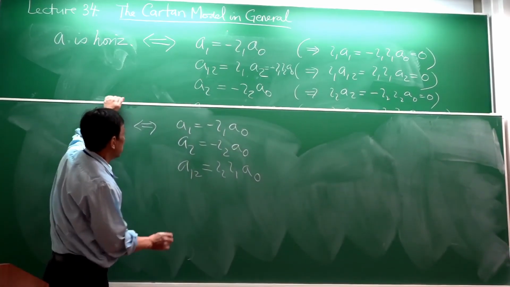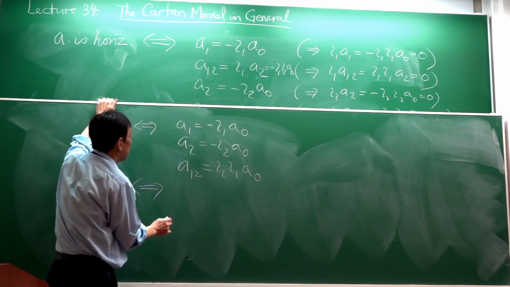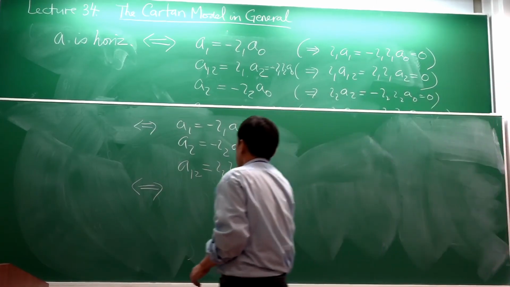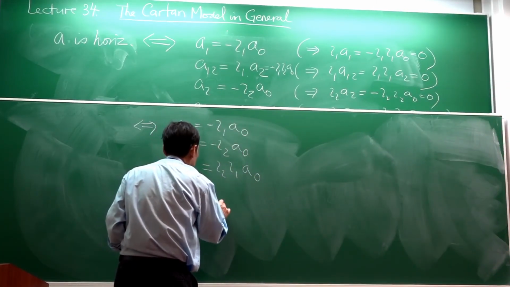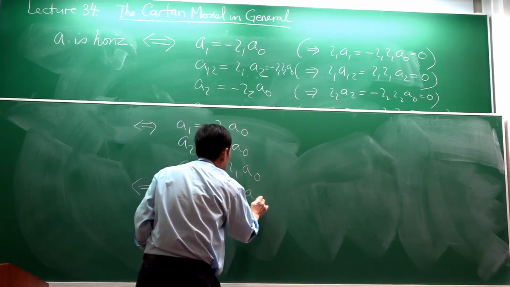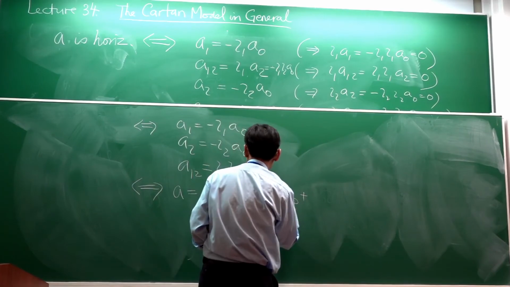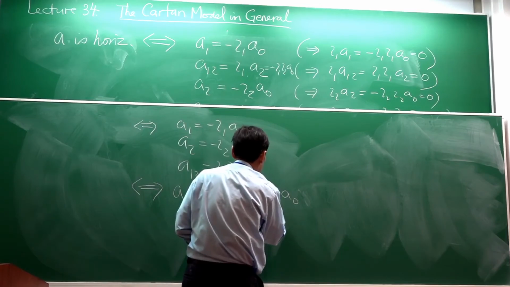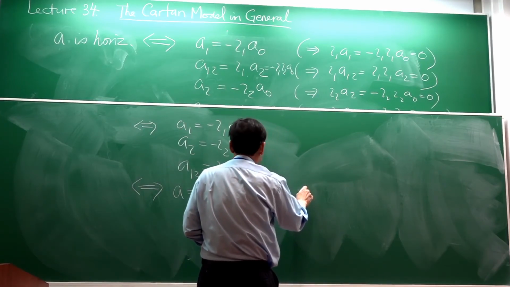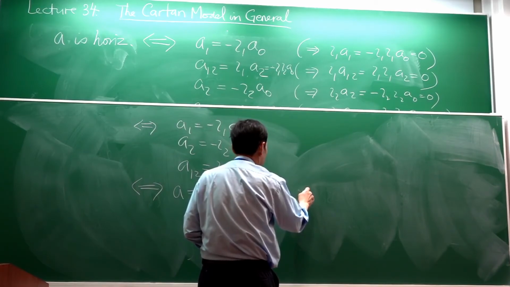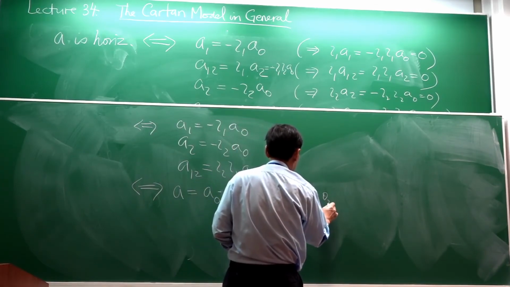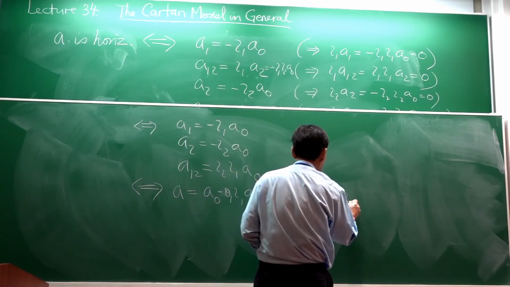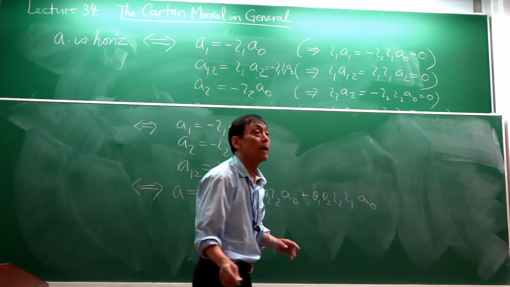So everything can be written in terms of A0, and that means A is equal to A0 minus I1 A0 minus I2 A0 times theta, minus theta 1 minus theta 2, and then plus theta 1 theta 2 I2 I1 A0. Okay.